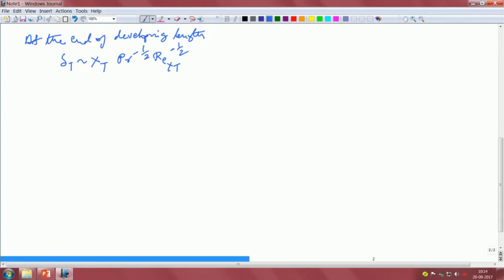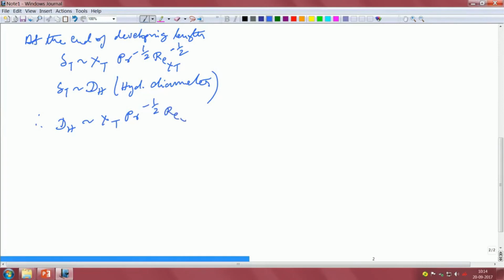Now, delta T at that particular point is nothing but the hydraulic diameter of the duct. Therefore, we get dH proportional to x T, Prandtl number to the power of minus half, Reynolds number x T to the power of minus half.